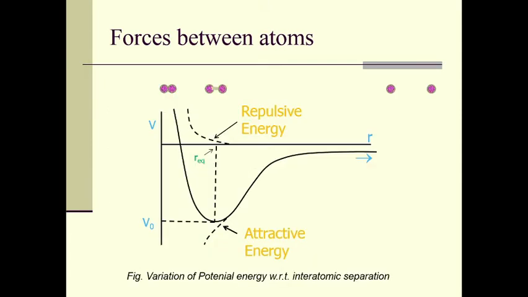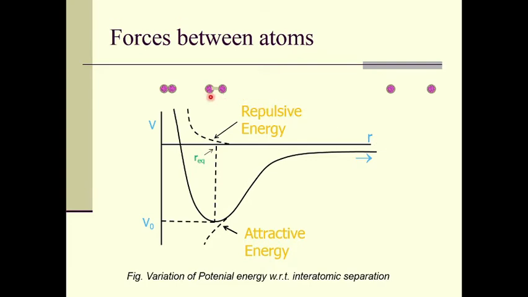So let us study the forces between the atoms, right. We can see here, when two atoms are very far away from each other, at infinity, there is no interaction between them. In that case, the potential energy is like this, right.